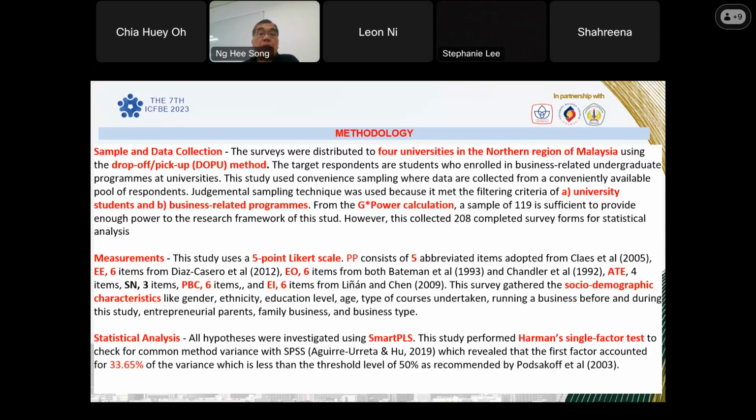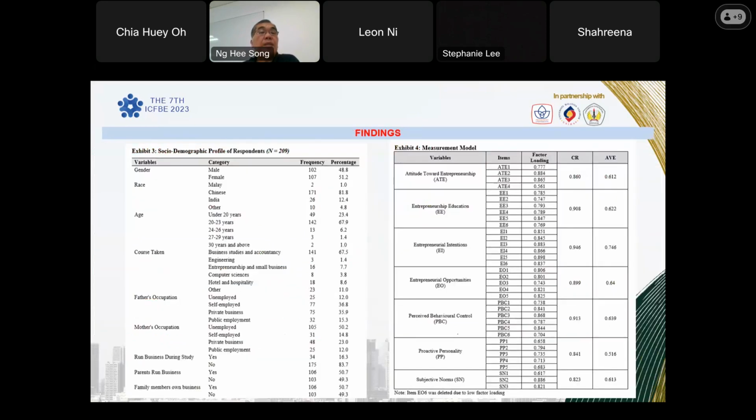Okay, so let's go through some of the results here. So I think very small. The first table we have here is demographic. Okay, demographic variables. So practically I have 209 respondents. Okay, so I monitor the profile for gender, race, age, and so on.